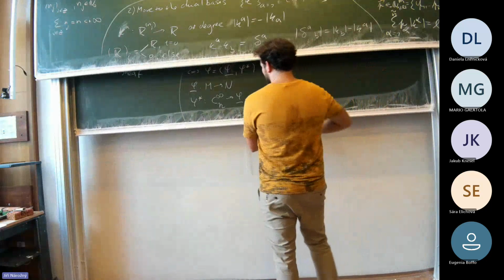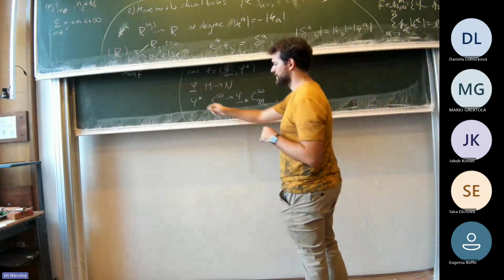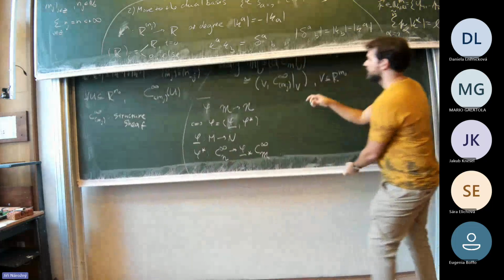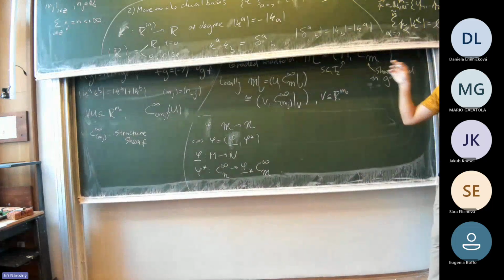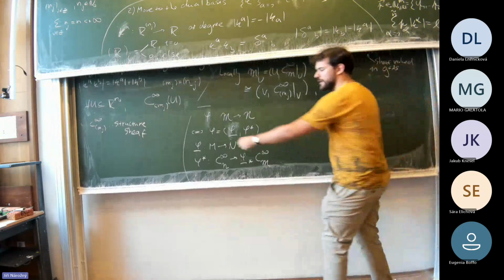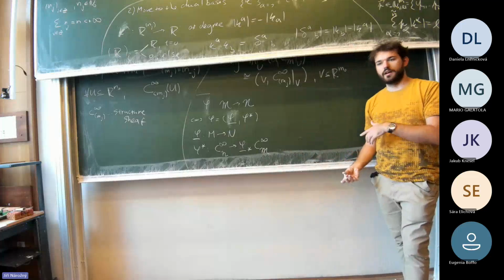Furthermore, there's a technical requirement here. These turn out to be locally ringed spaces. So if you take the stalk of this sheaf, it's a local ring, and we need the induced map on stalks to preserve the unique maximal ideal.